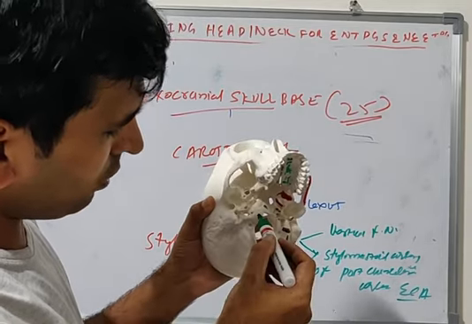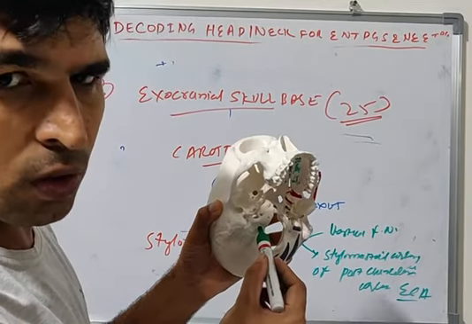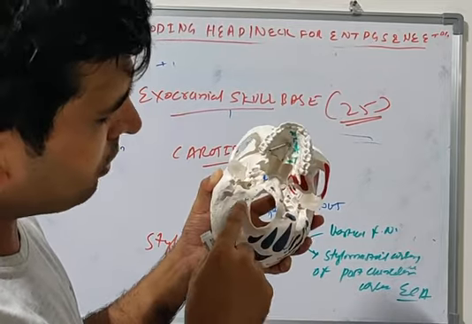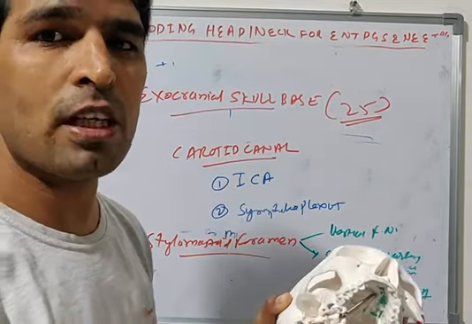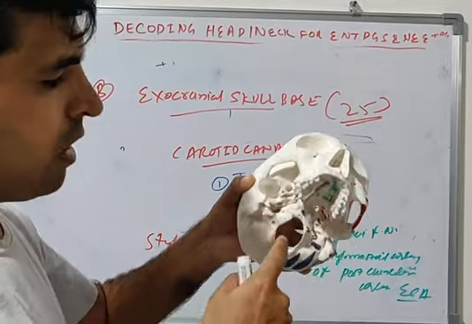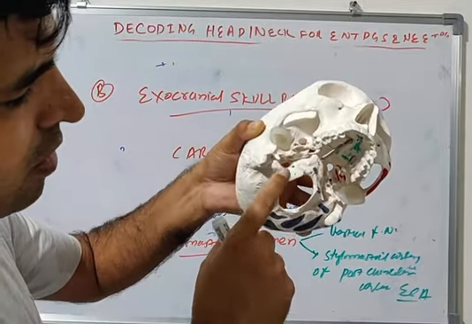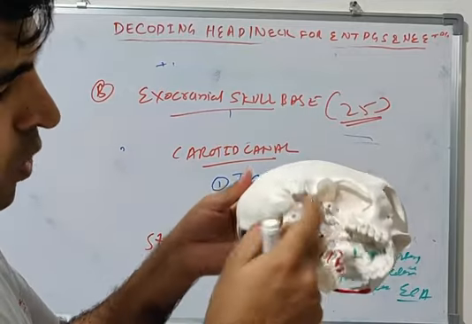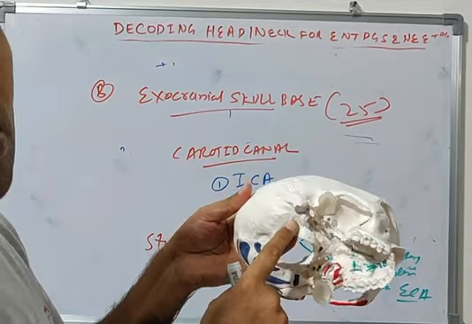Posterior to this is the posterior condylar canal. Mainly it's blind. Sometimes the structure passing through it is an emissary vein which connects the transverse sinus to the suboccipital plexus.